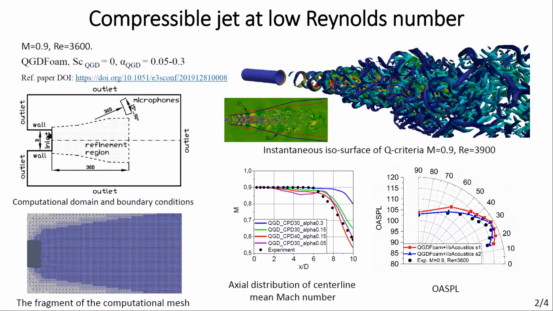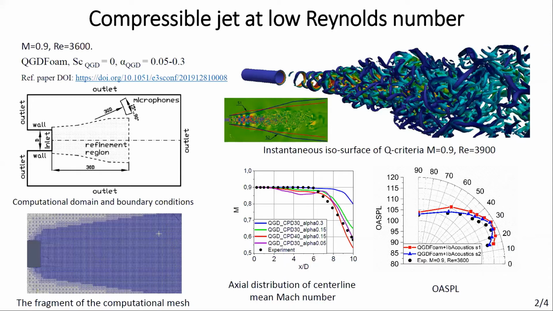The inlet boundary corresponds to the exit of the round nozzle and coincides with the beginning of the coordinate system. In addition, the computational mesh has been refined over 30 diameters downstream.